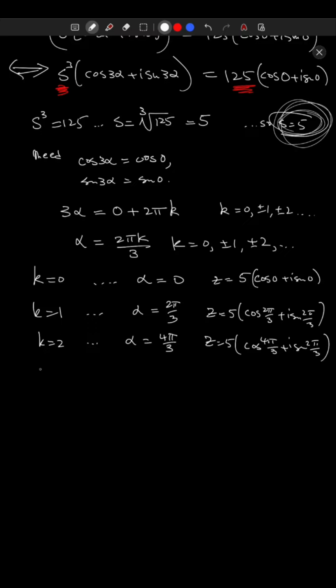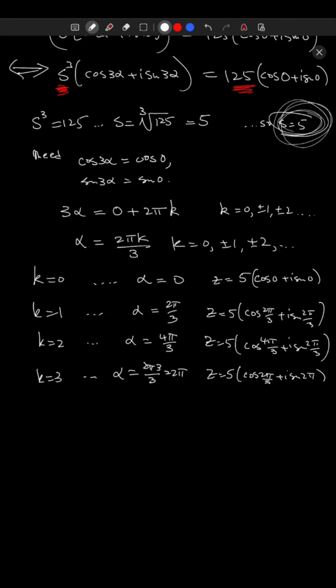And here's where it gets interesting. k equals 3 gives me alpha equals 2 pi times 3 over 3, where the 3 on top and the bottom cancel. So I just get 2 pi. And so what I get is z equals 5 cosine of 2 pi plus i sine of 2 pi. But remember, cosine and sine are periodic with period 2 pi.